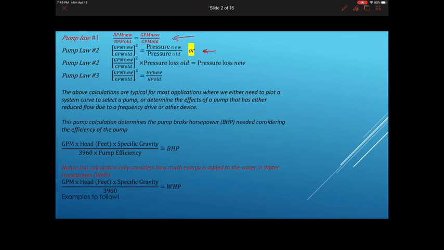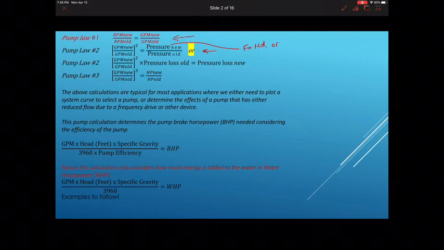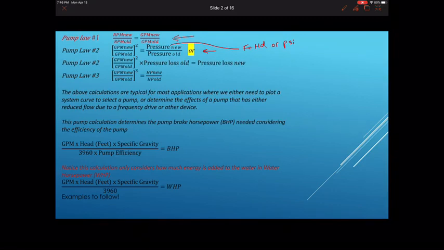So this pressure right here will typically either be in feet of head or in PSI. Either one will work as long as it is the pressure drop, a delta P. It can't be just a single pressure.